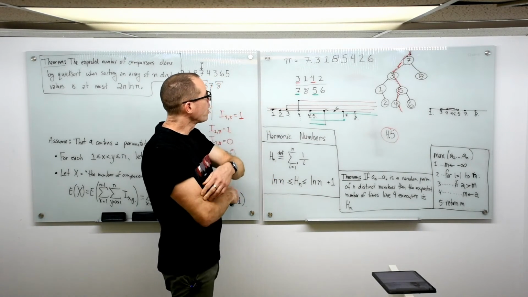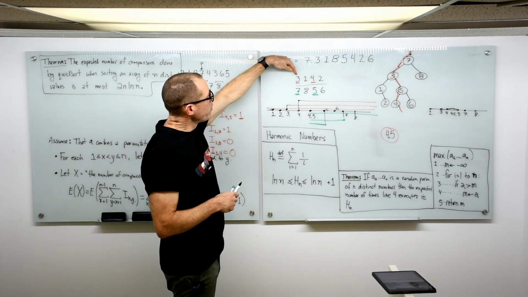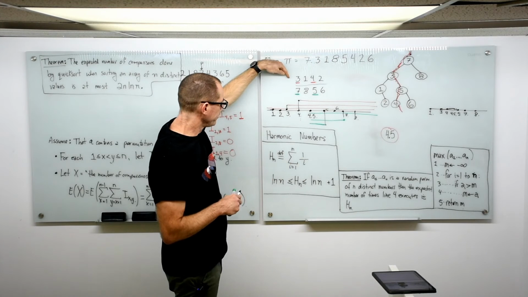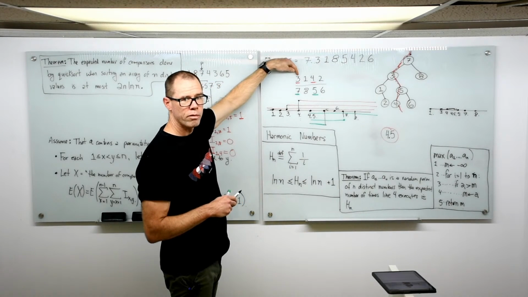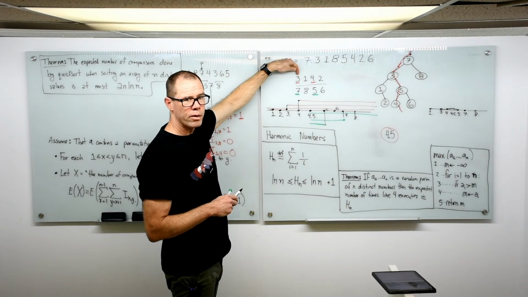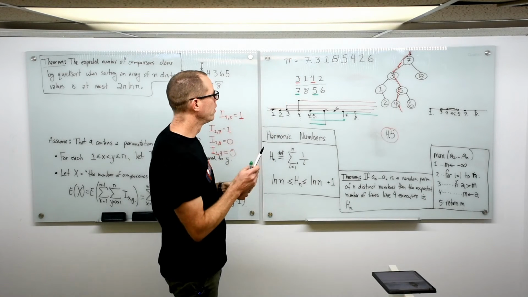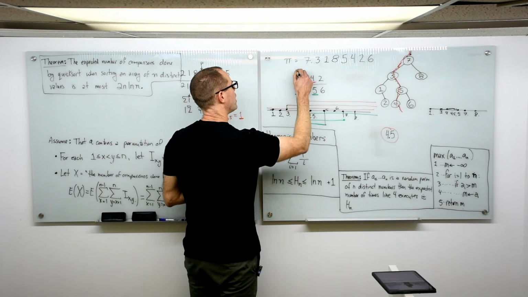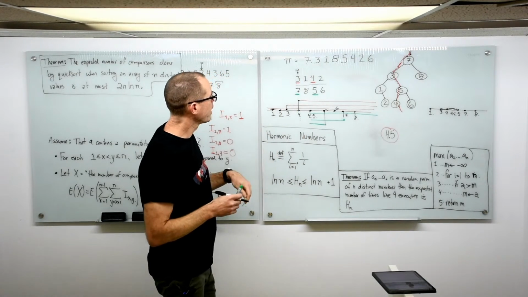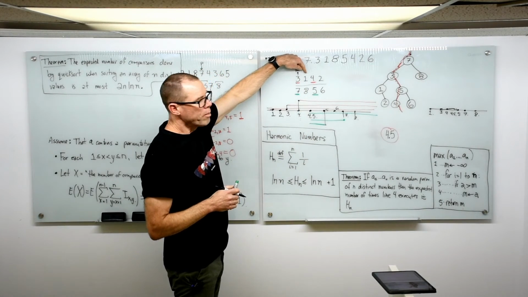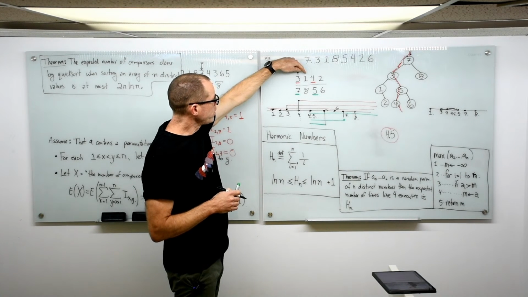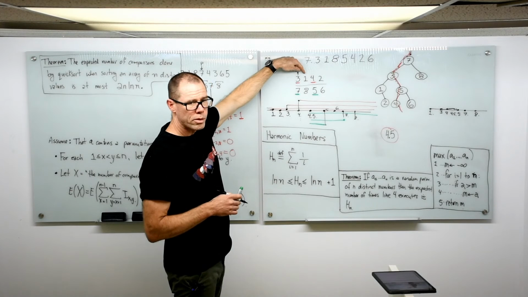Okay, so we can run the algorithm. First time through the loop, the maximum value is minus infinity. 3 is bigger than minus infinity, so this is the maximum value so far. So first time through the loop, that's the value of m. Second time through the loop, we see this value, which is not bigger than m, so nothing happens.